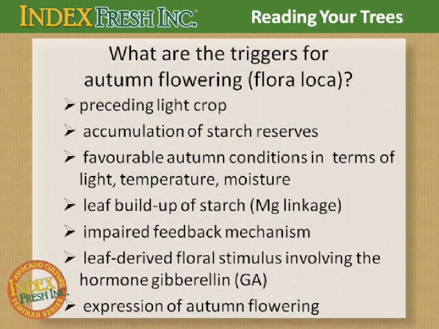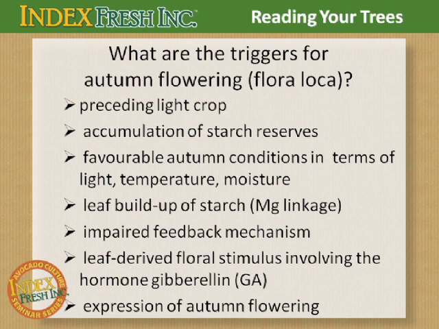And then, as well as that, you may have favorable autumn conditions in terms of light, temperature and moisture, which simply exacerbates it. So we not only have an accumulation, plenty of starch, but now we have a situation in the autumn where we're getting more and more starch being made because we have favorable autumn conditions. And the consequence of that is that we have a leaf buildup of starch.